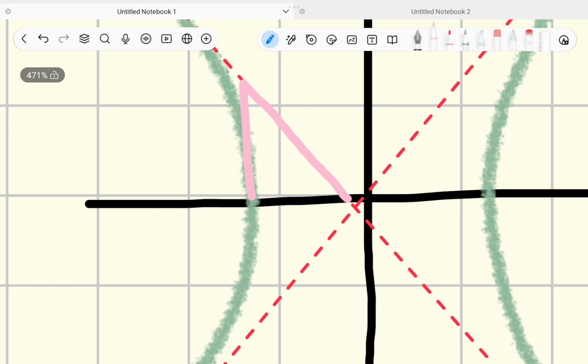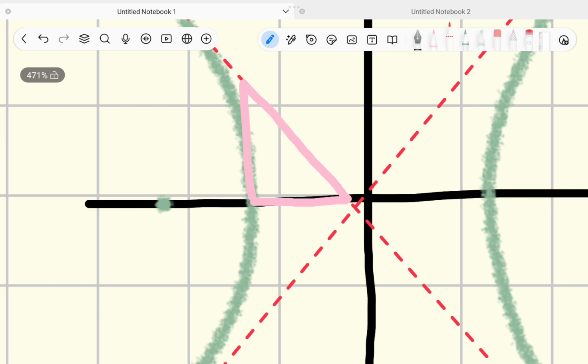Suppose this is the center. Now this distance, from the center to the focus, for instance the focus is here. Again, the distance from this point to the center of the hyperbola is equal.